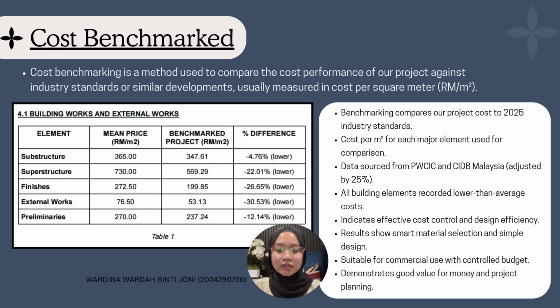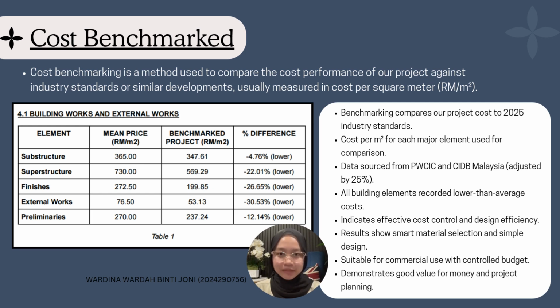For the finishes, it was 26.65% lower than the benchmark, likely due to practical materials like ceramic tiles and emulsion paint. Next, the external works cost was the most efficient at 30.53% below the benchmark. This makes sense as the project is in an industrial park, so there was minimal landscaping or decorative features.